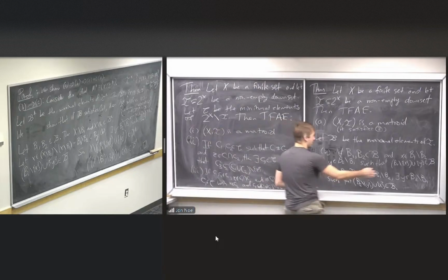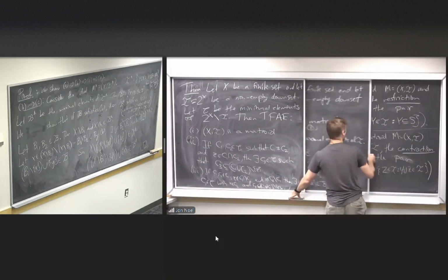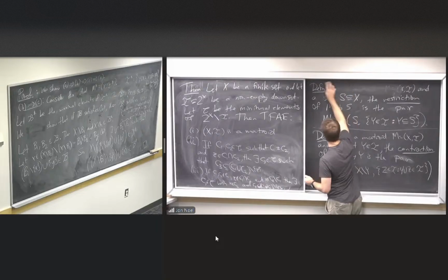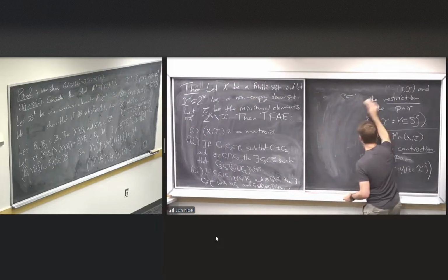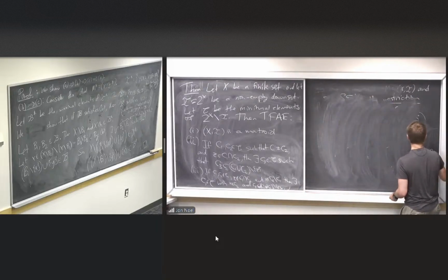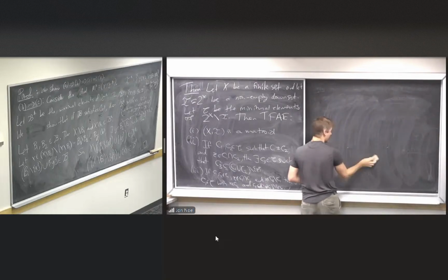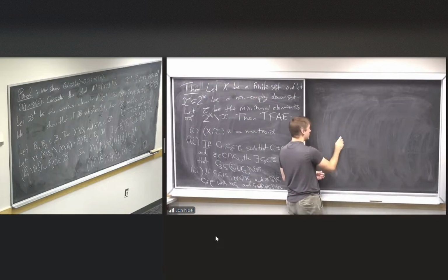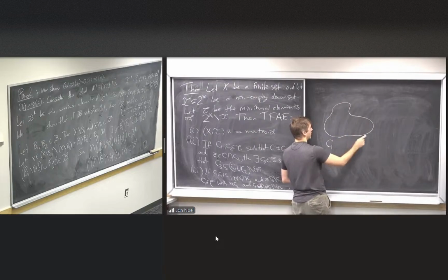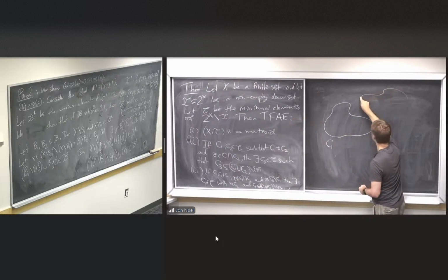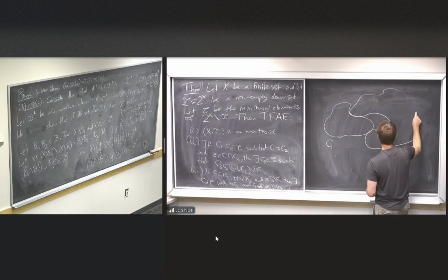Maybe it's worth thinking quickly about what this looks like in the setting of a graphic matroid. Remember, a circuit in a graphic matroid is a cycle. Imagine I've got two cycles in a graph that intersect somewhere, maybe a bunch of times.